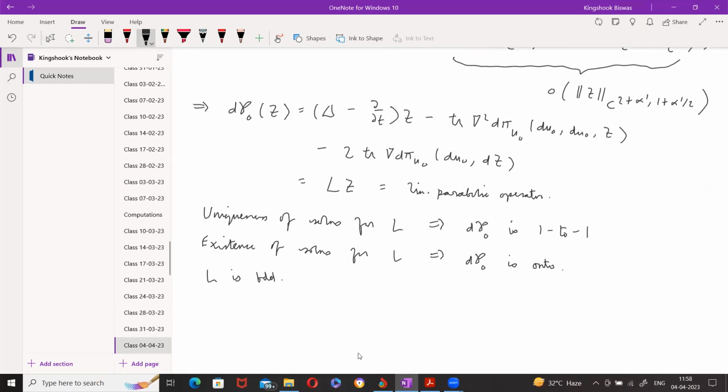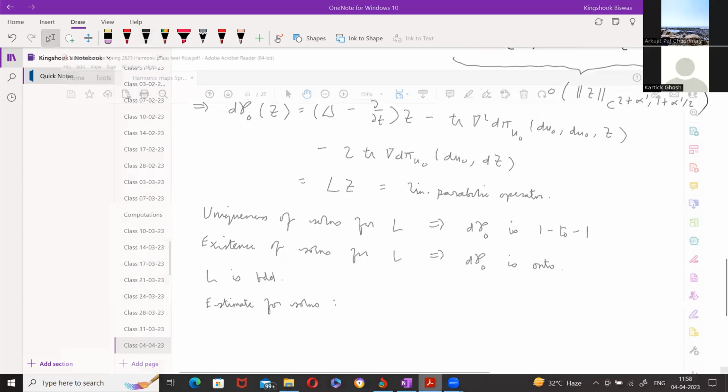And finally, the estimate for solutions. What is the estimate for solutions that we have?